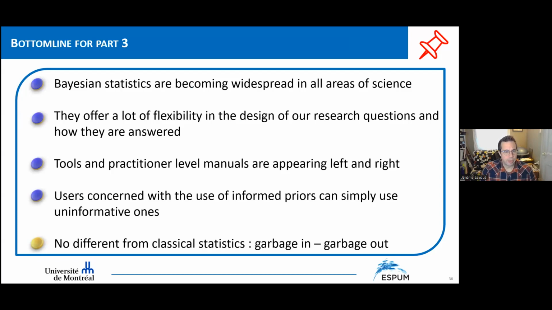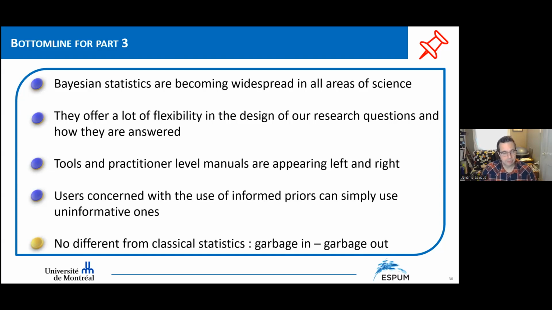So the wrap-up bottom line: Bayesian statistics are becoming widespread in many areas of science, and they are already, I think, widespread in industrial hygiene. They offer a lot of flexibility, and the tools and practitioner-level manuals are appearing and are very easy to find now.